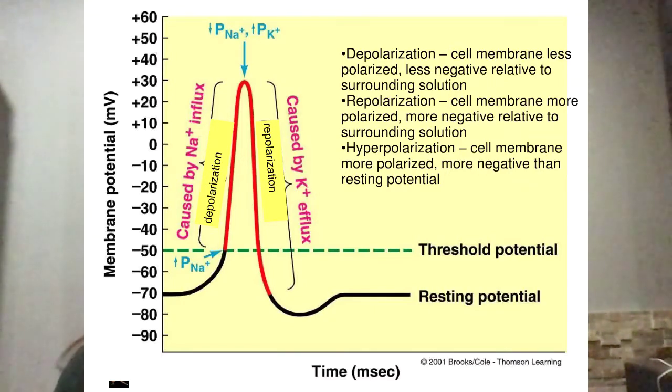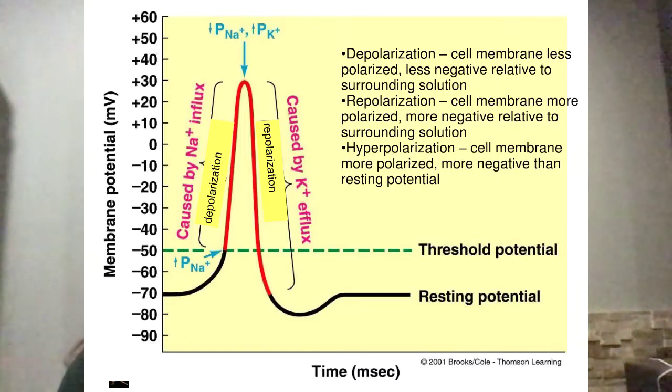We're going to start on the left side of the graph, down at the black line, right where it says -70. So -70 is our resting membrane potential. You can see the black line even over to the right, right at -70. That line is the resting potential. That's the point in a neuron where potassium ions are moving in and out of the cell because of the leak channels.